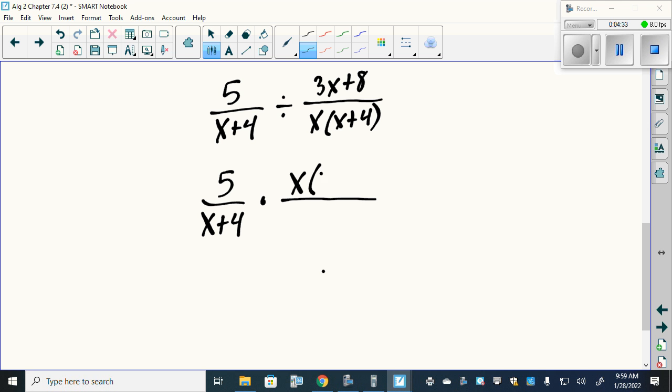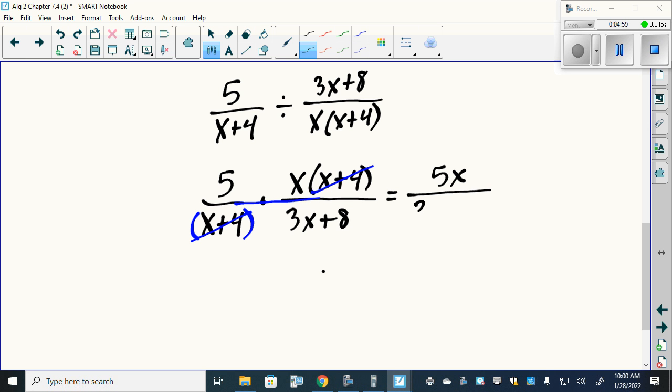So we'd have x times x plus 4 over 3x plus 8. So x plus 4 and x plus 4 would cancel. And it would leave us with 5x over 3x plus 8. Questions on any of this here?